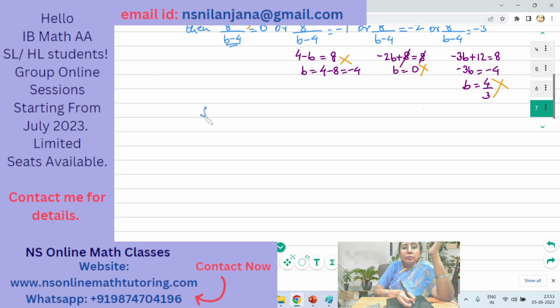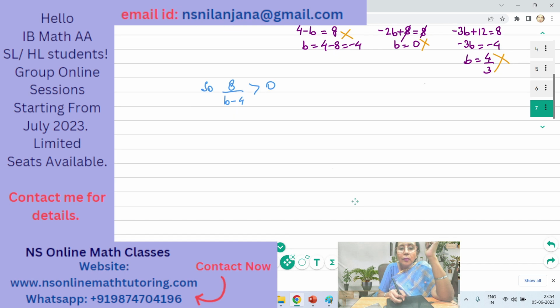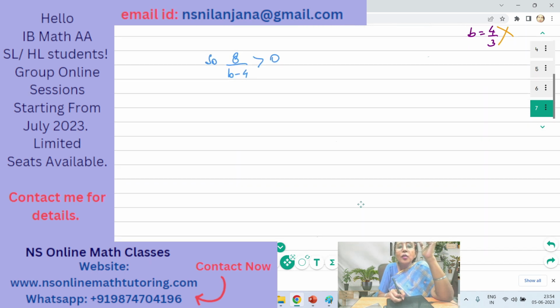So 8 over (B minus 4) is greater than 0. How will 8 over (B minus 4) be greater than 0? The numerator is greater than 0. If the denominator is also greater than 0, only then the fraction value will be greater than 0.